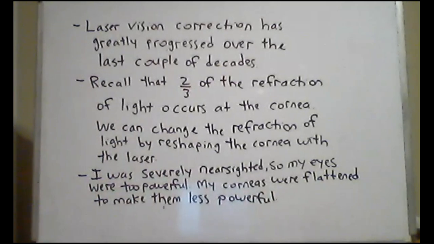Laser surgery shaved the outer cornea away just right, so the rays were able to converge on the retina. So to do that for a very nearsighted person required a flattening of the cornea. All right. So a farsighted person would have an increased curvature.